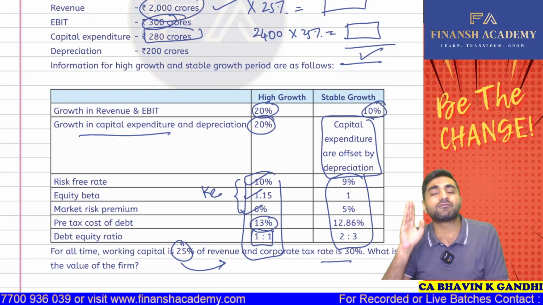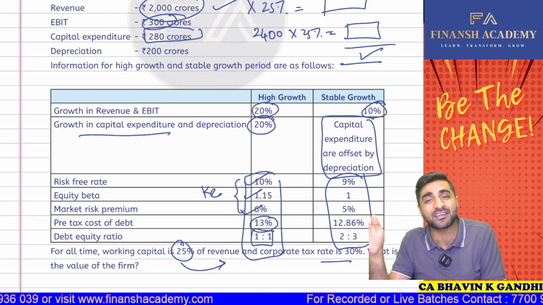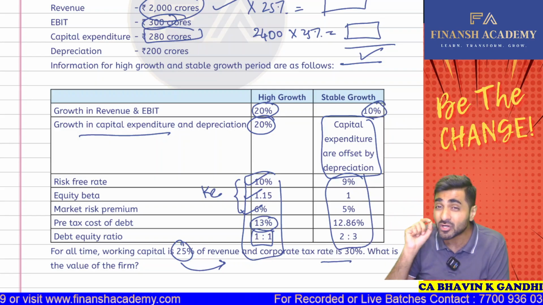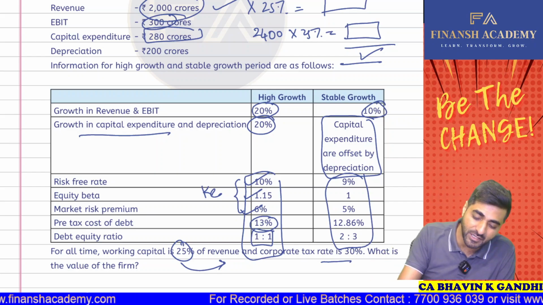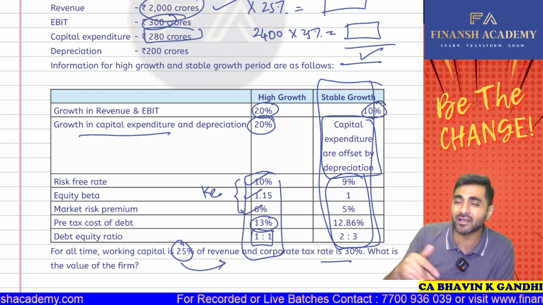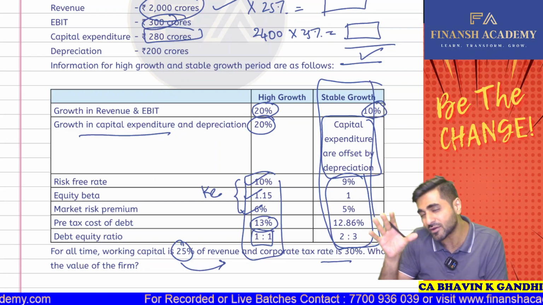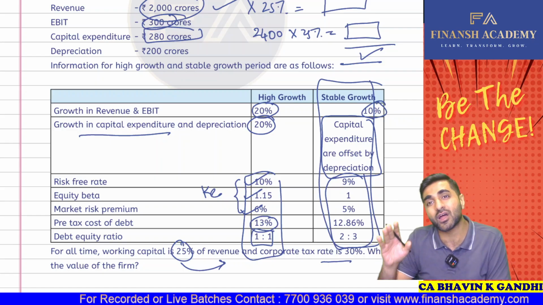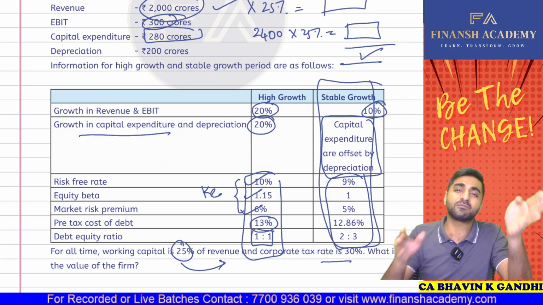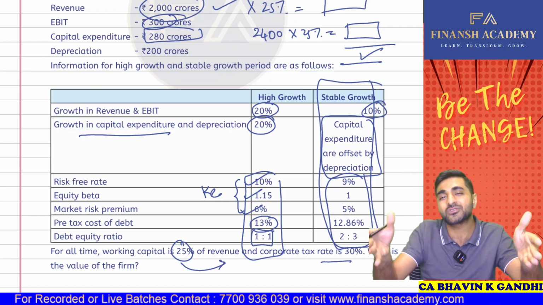So terminal value at the end of the 4th year, you have to calculate by taking 5th year cash flows upon KO minus G. But what should be your KO here? So here your KO should obviously be this particular part. From slow growth data, we'll be calculating the KO. So this will help you to calculate the terminal value. And this terminal value is at the end of the 4th year. So now if I'm discounting the cash flows from year 1 to year 4, which KO should I use?